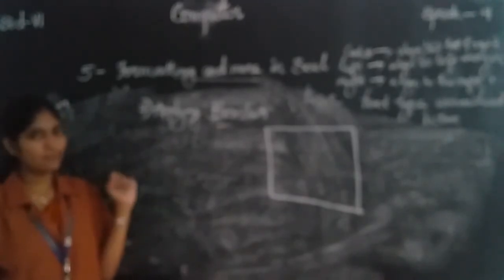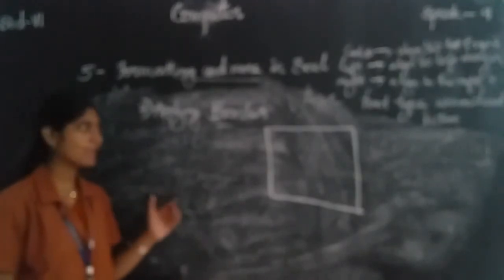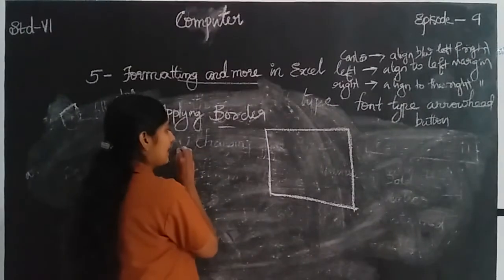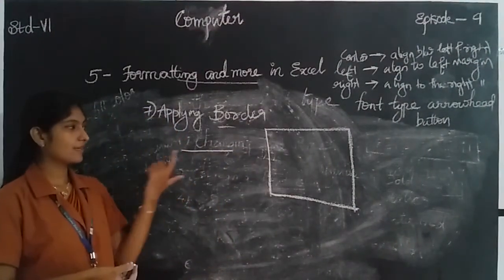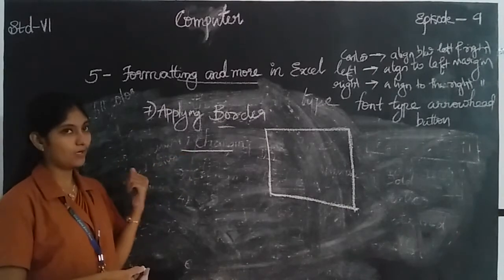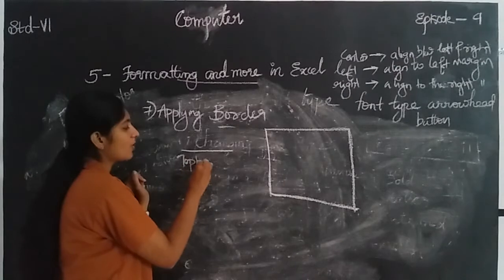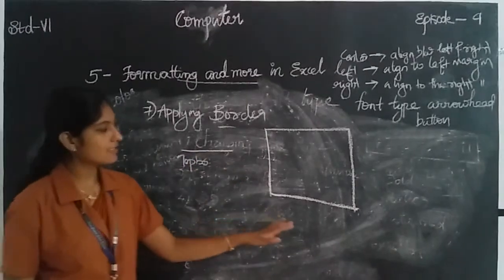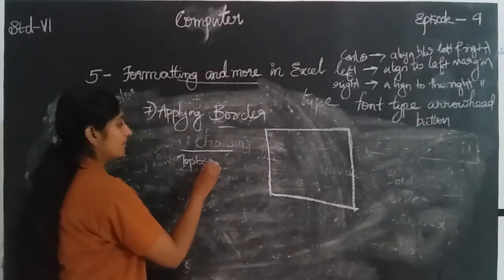That is applying border. We can apply the border in several ways. For example, if you want a top border only, we can choose a top border. Top border means there is no border in another three sides, only on the top of the area.